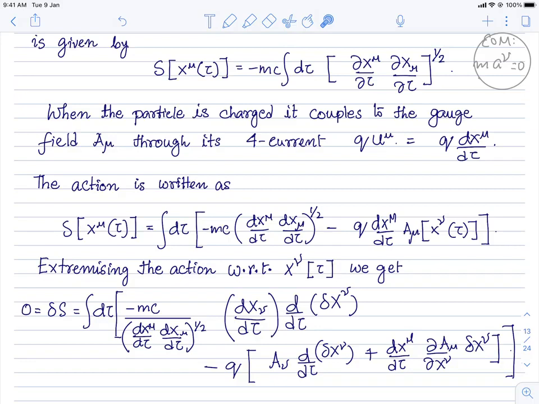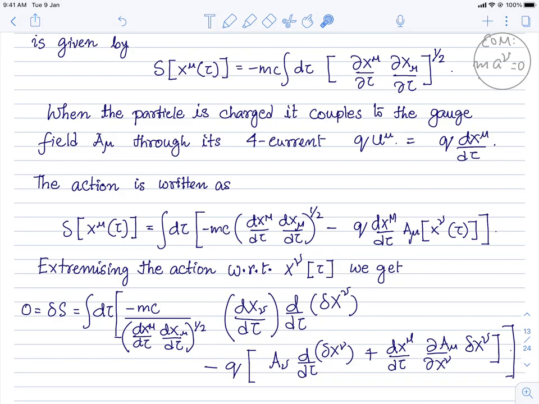That's why I have written it like that in the Lagrangian. I am assuming that the current is a gauge invariant current, because when I did the gauge transformation, it did not affect the current.